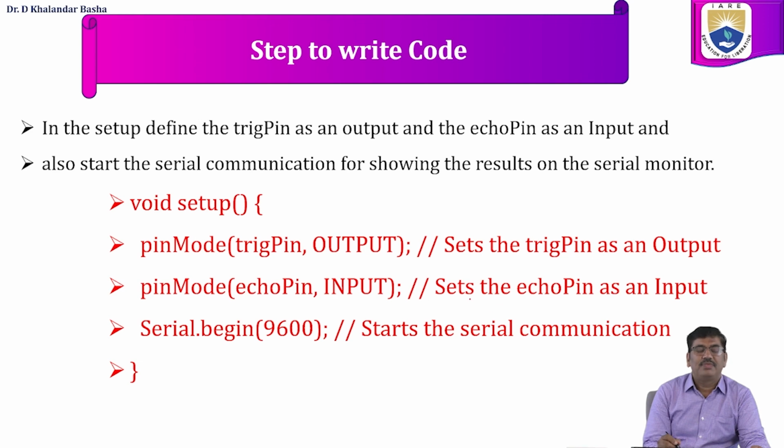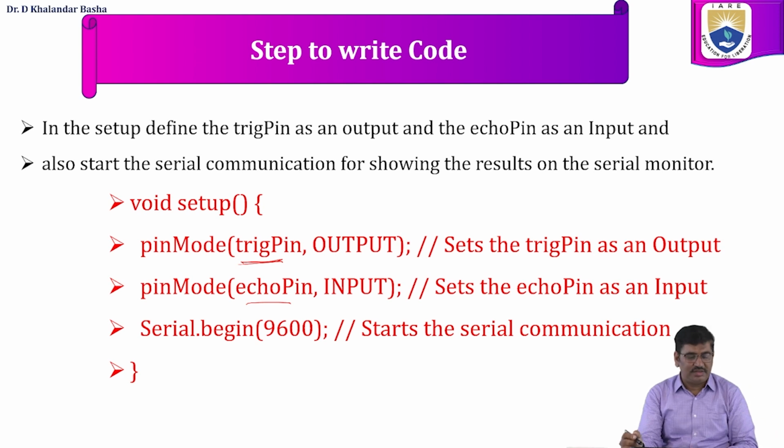So void setup, pinMode. We set the trigger pin as output mode, whereas the echo pin is configured in input mode. For displaying the data serially, we are going to set the baud rate, a standard baud rate, 9600. For that, you write Serial.begin(9600).